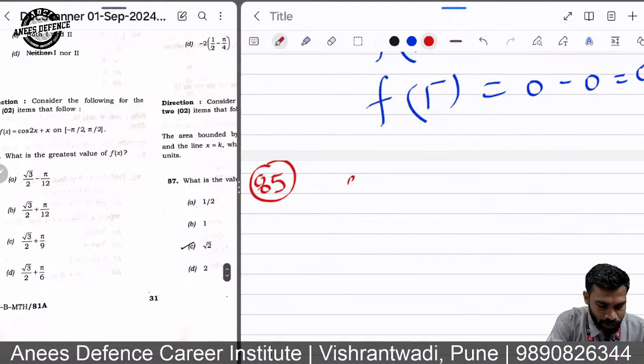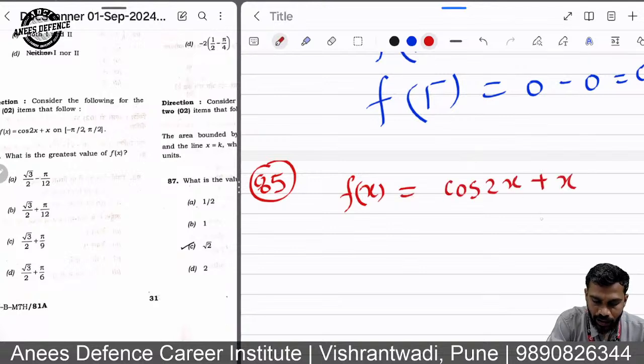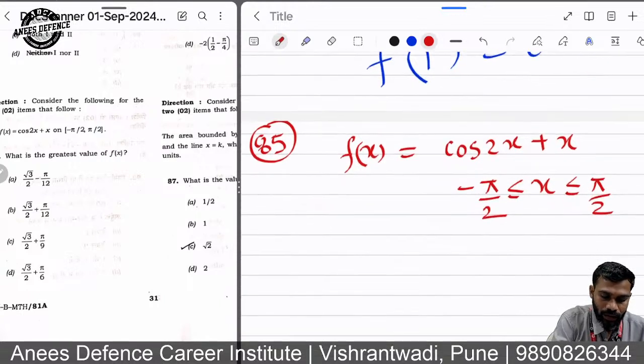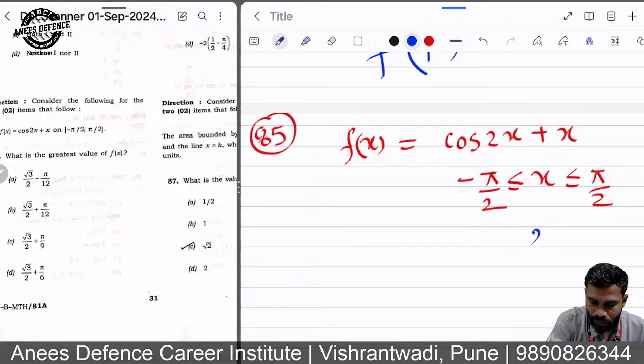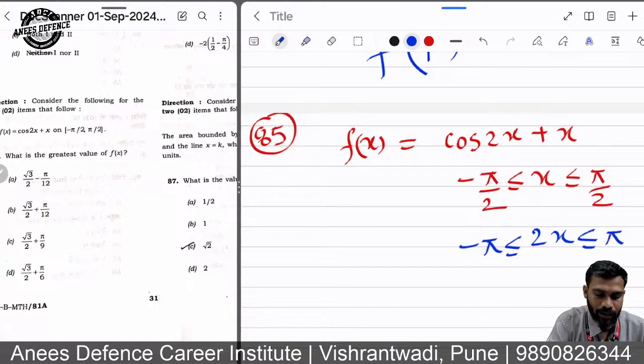See, we have got f of x is equal to cos 2x plus x, and x lying between minus pi by 2 and pi by 2, including minus pi by 2 and pi by 2, right? Okay. Now, so of course, 2x will be lying between minus pi and pi, including minus pi, right?